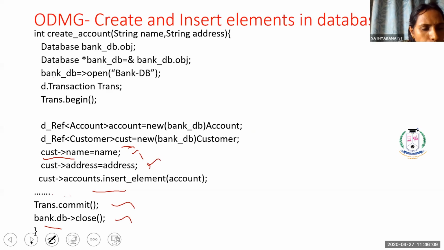After the structure definition is over, now you have to insert the values. The associated values you have to insert, and you have to manipulate them, update the value, set the value, and delete the values. All these manipulations you do by using the OML commands, that is called object manipulation commands.